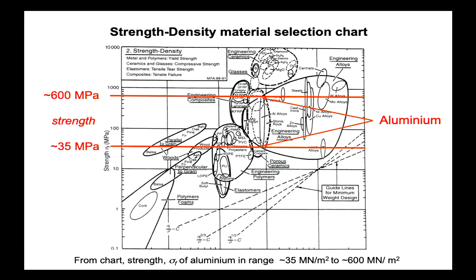But again, aluminium can go all the way down to something very low and up to something very high. Now, as with anything, this is a snapshot in time. I wouldn't be surprised if the highest strength aluminium is of greater strength than 600 if you went to CES, the latest edition, and had a look at it now, which is something you could do for homework if you're interested.